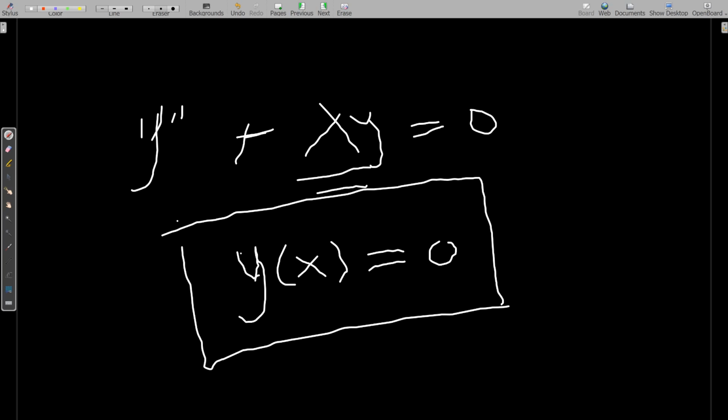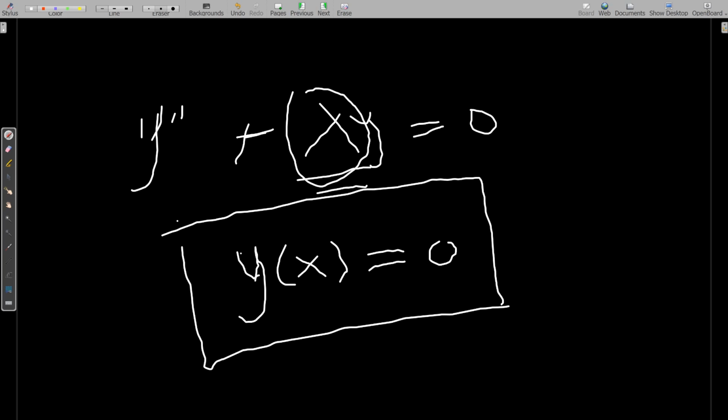We want the values of lambda that would not give us the trivial solution, the values which, after solving this differential equation and using the boundary conditions, we won't get 0. Those are what we call the eigenvalues. And then the corresponding functions are what we call the eigenfunctions.